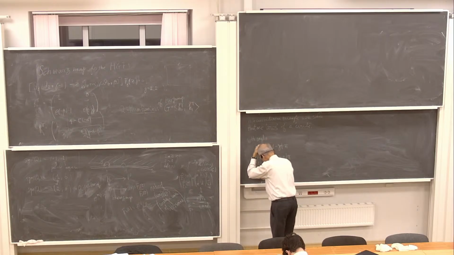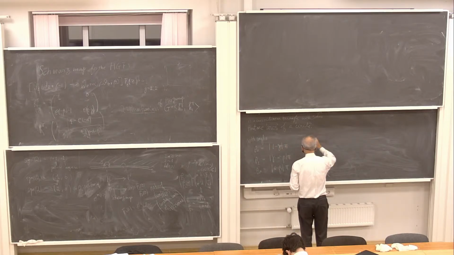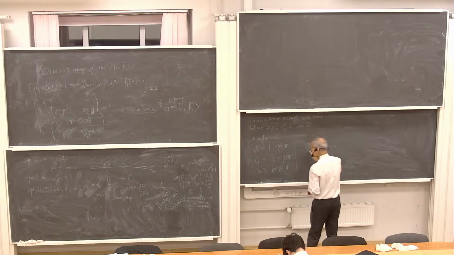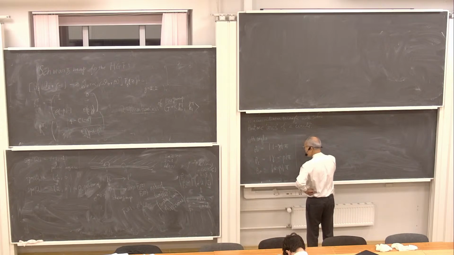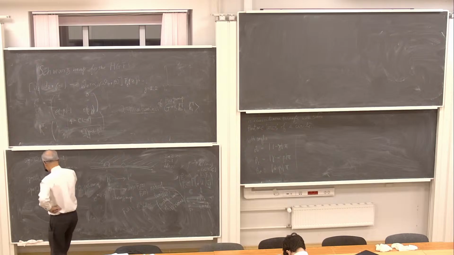And theta infinity is the difference between alpha and beta. That is a circle of this type. So there are 3 cases that correspond to this classification.